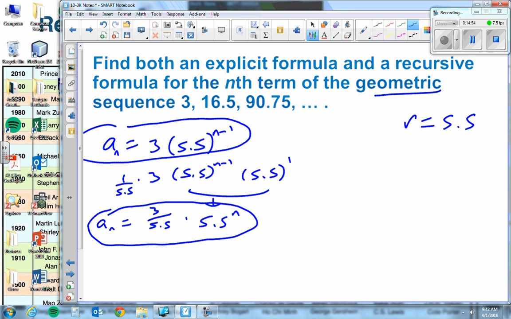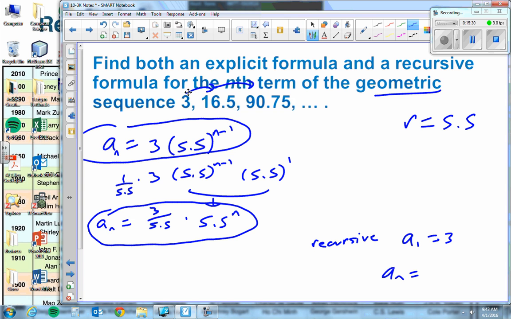The recursive formula. Madison? Far right for the recursive formula. A1, yeah. What's the first term? Oh, I'm sorry. Well, first of all, write down the first term, and then an equals. As far as 5.5, then what are we doing to get from term to term?